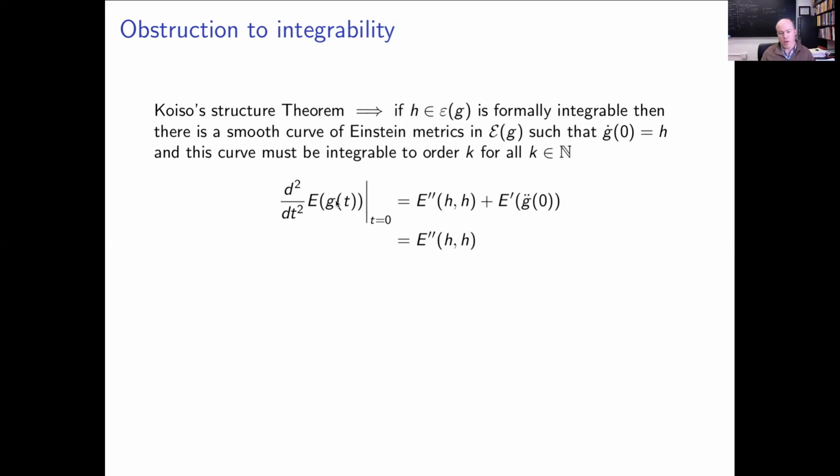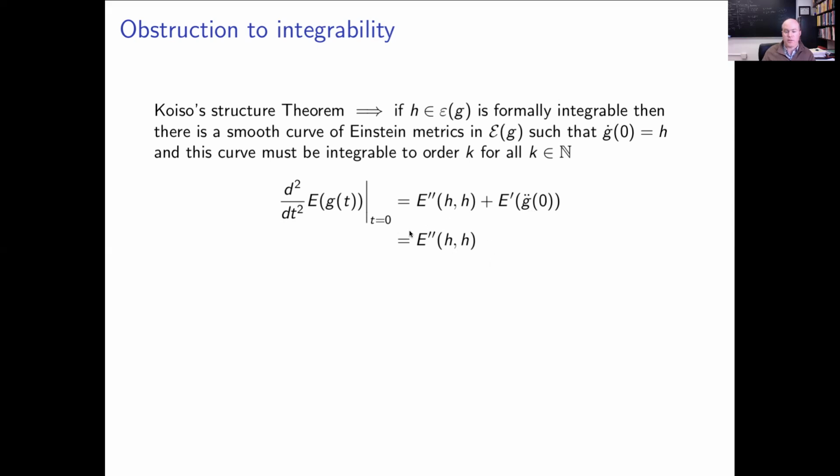So if you compute this out, taking derivatives in the appropriate spaces, the second derivative of E as you pass along this curve g of t, where the initial derivative is h, you get E double prime of h, h, plus then there's a derivative of E in this direction. But if you're at an Einstein manifold, moving through a curve of Einstein metrics, this will vanish.